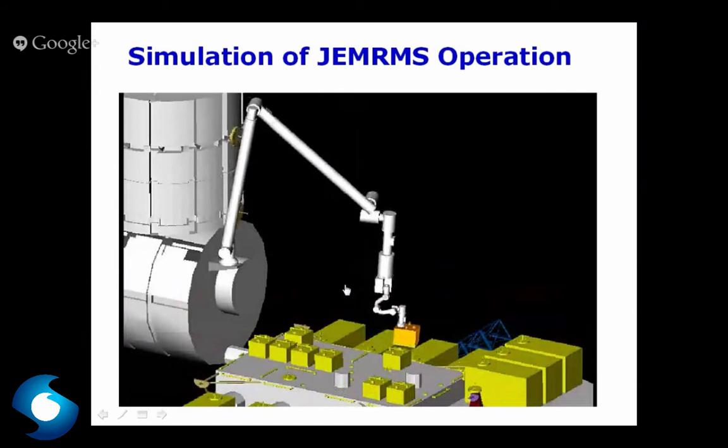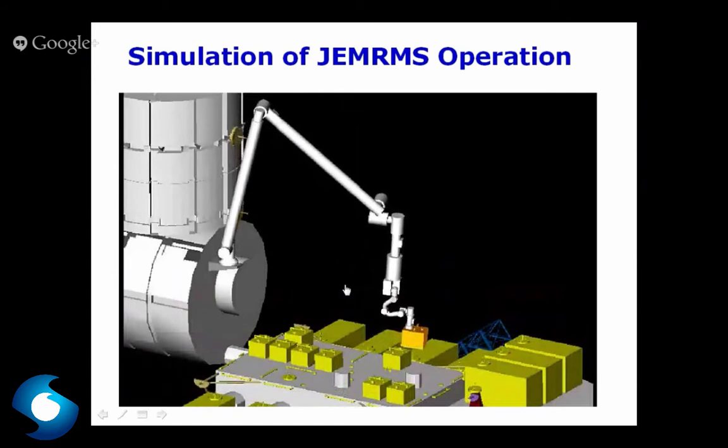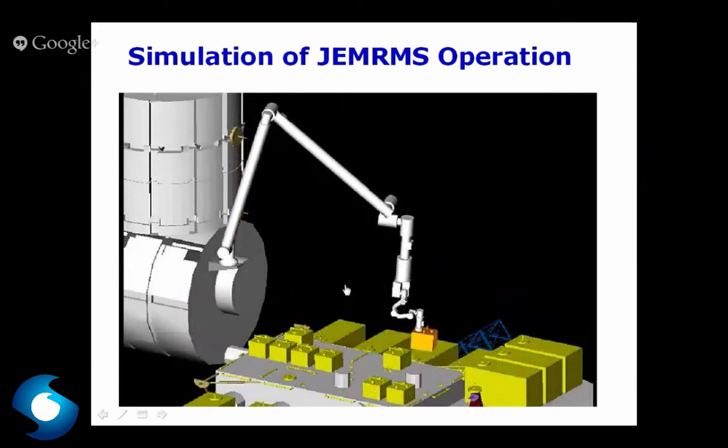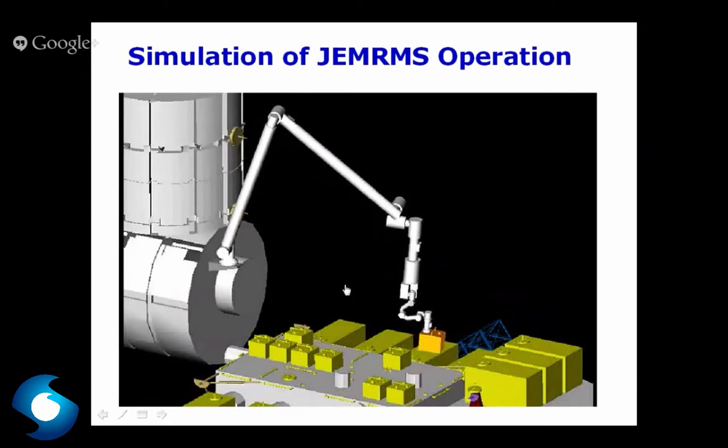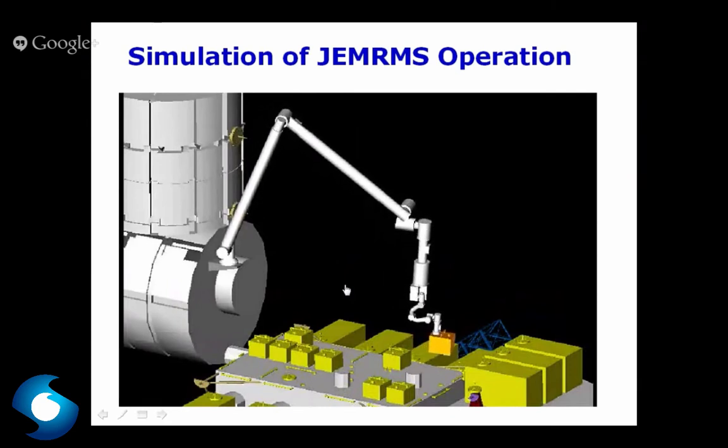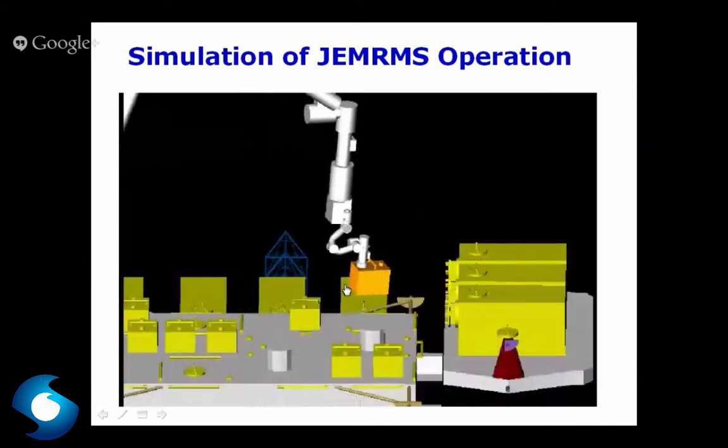So far the astronauts operate this manipulator arm using joysticks. It's a kind of manual remote control. The astronauts are very well trained to avoid exciting such vibration, or once the vibration occurs, they manually damp it out.